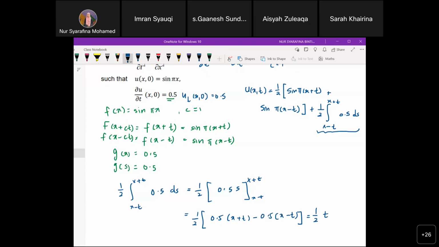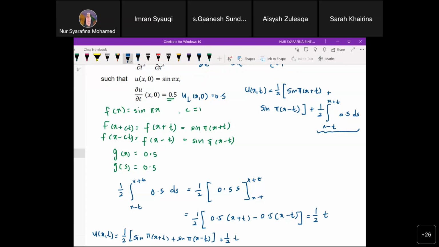So just substitute your u(x,t) equals to 1 over 2 sine pi x plus t plus sine pi x minus t, okay, plus 1 over 2 t.